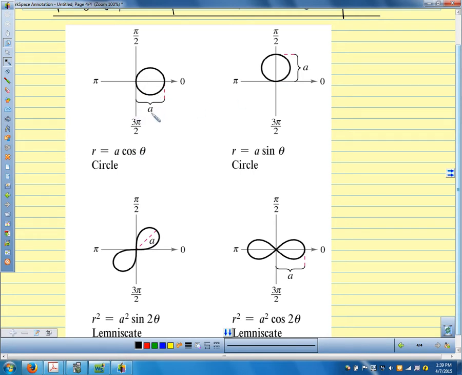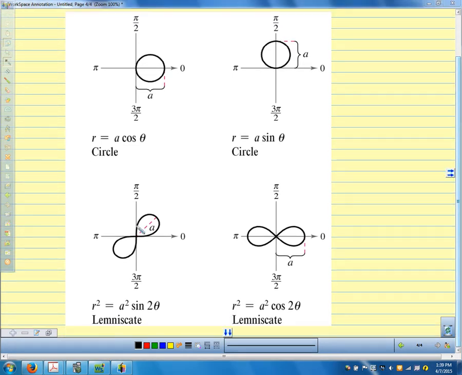And a is going to be our diameter. So what I would expect you to know is that if you had something and it said what is the graph of this thing, not that you could necessarily sketch it in detail, but know that it's a circle. A cosine theta, a sine theta. The cosine circle has polar axis symmetry. The sine circle has pi over 2 symmetry. So that's something you should be somewhat familiar with.